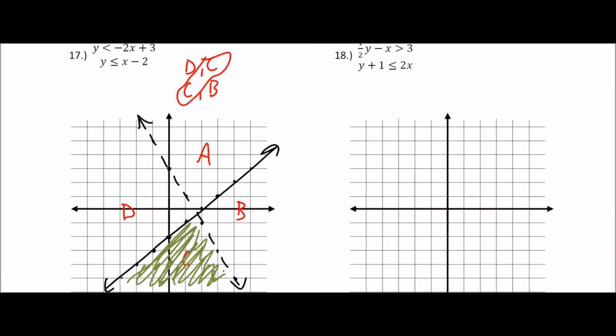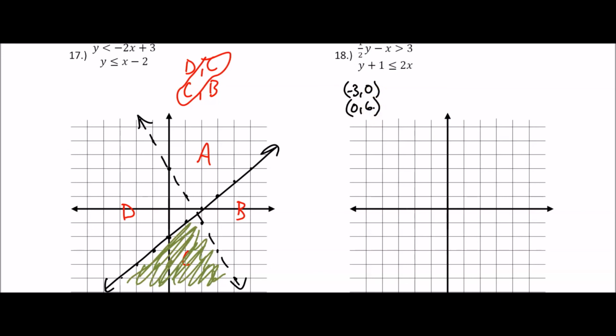This next one, I've got 1/2 y minus x equals 3. That one's in standard form, so you can do the x and the y-intercept. If you plug a 0 in for y, you get -3 for the x-intercept. If you plug a 0 in for x, you get a 6 for the y-intercept.